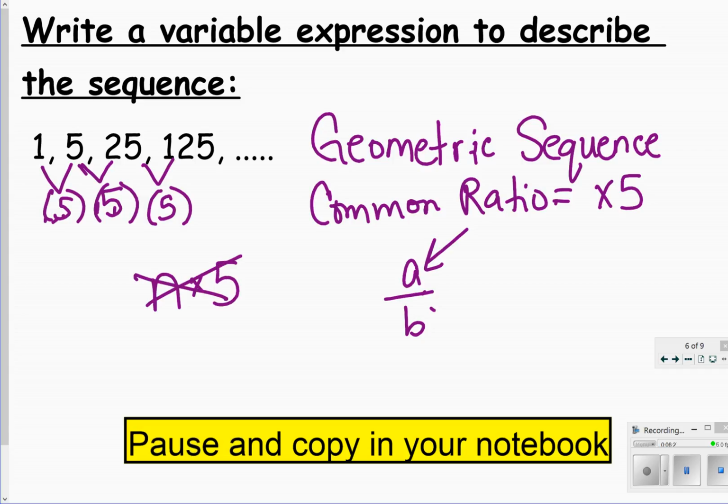So we do not want to write it like that. Instead, the algebraically correct way to write it is 5n. Okay, so that would be our variable expression for this particular pattern. That's our formula or our rule. Go ahead, copy this into your notebook.